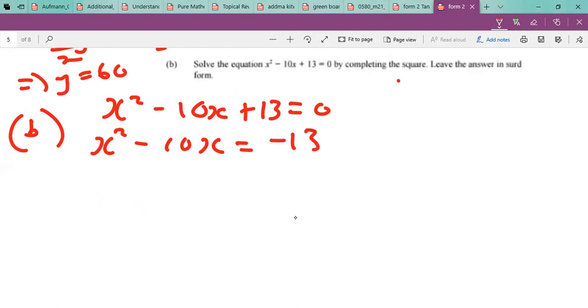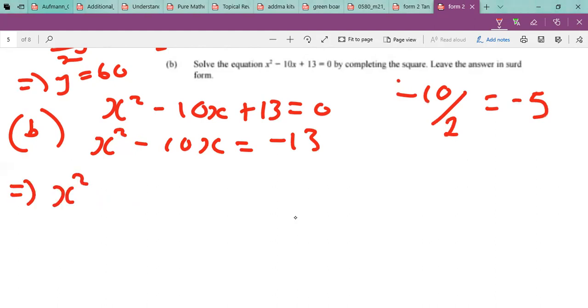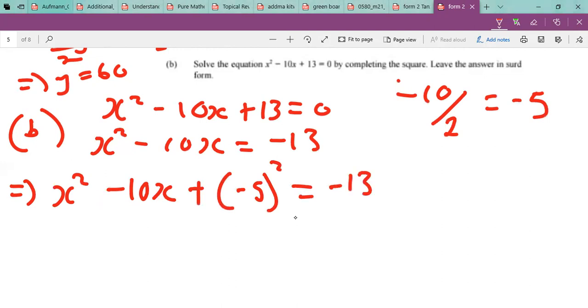So half of b is negative 5. So it's the negative 5 squared that we will add to both sides of the equation. So you have got x squared minus 10x plus negative 5 squared is equal to negative 13 plus negative 5 squared.